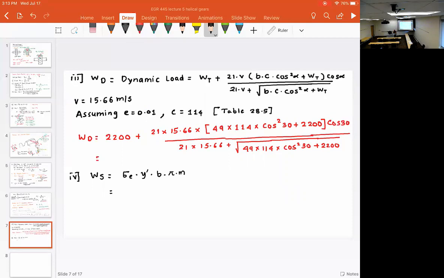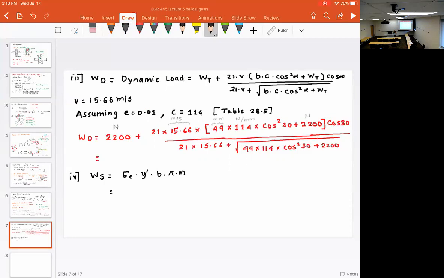This has to be in meters per second. This has to be in millimeters. This C is in Newton per millimeter.